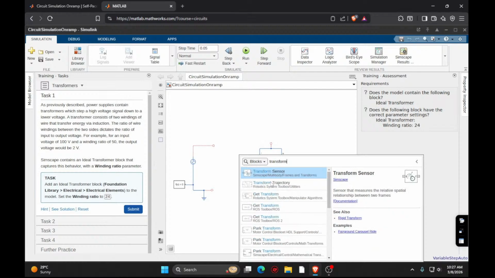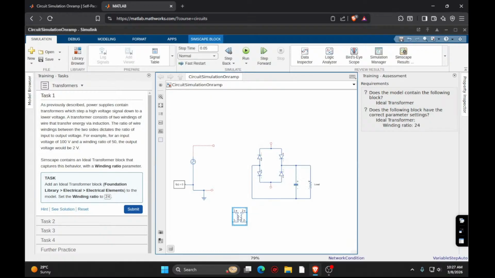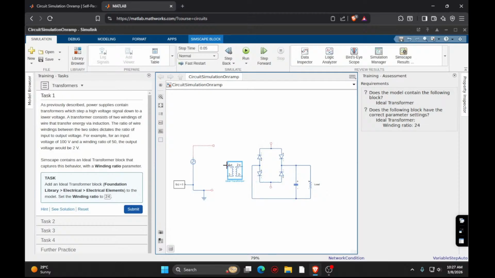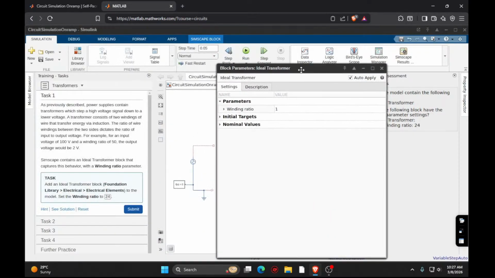Transformer. Ideal transformer. In the ideal transformer block, set the winding ratio to 24. Winding ratio should be 24.